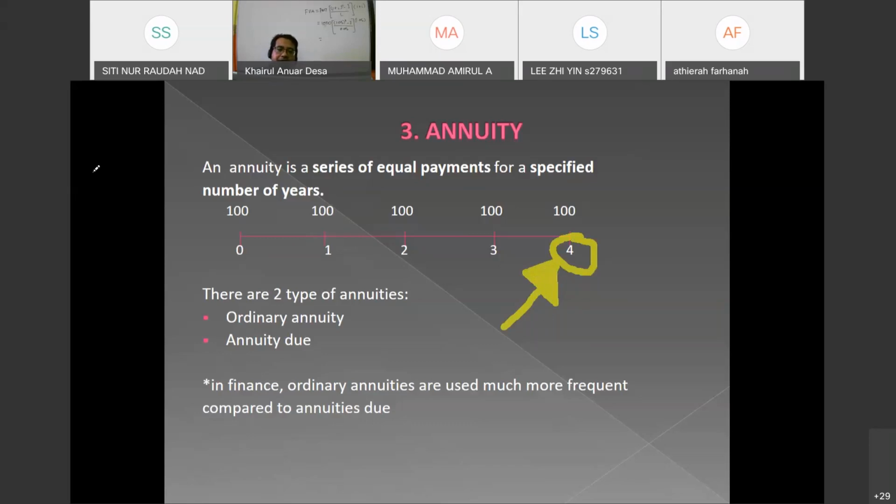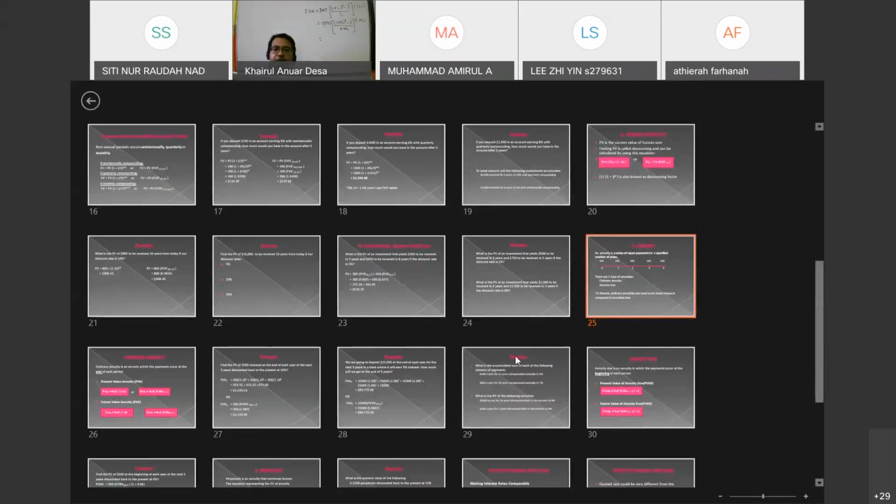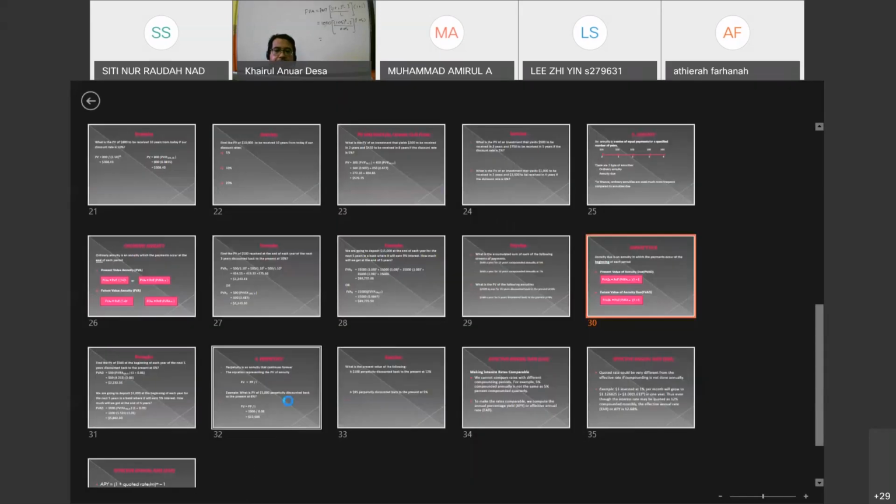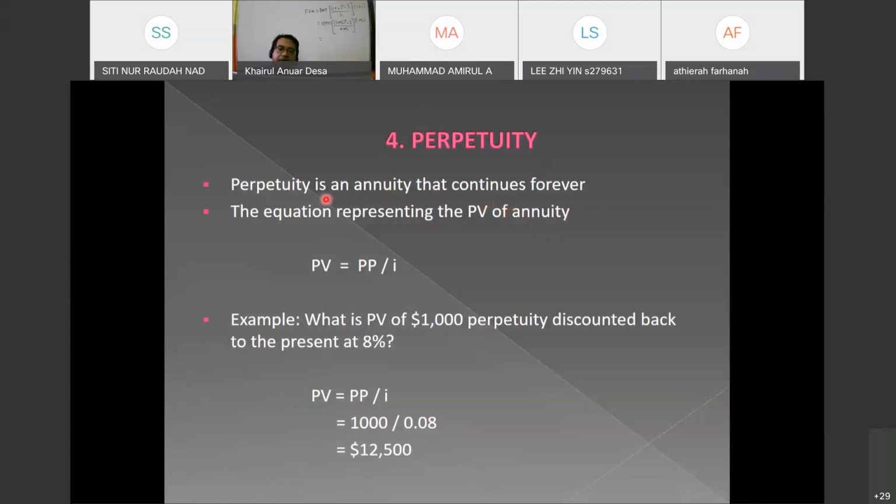But what is the perpetuity? Perpetuity is an annuity, meaning that a series of equal payment, but there is no time limit.